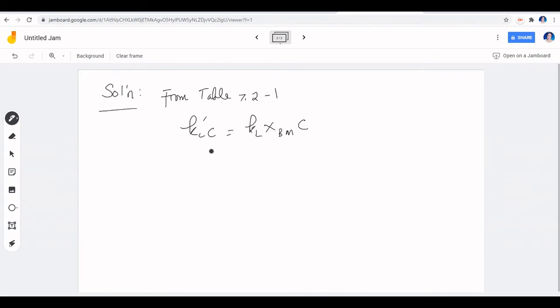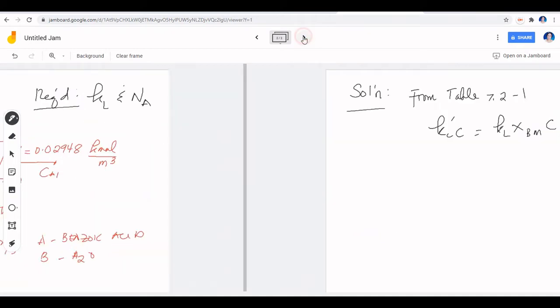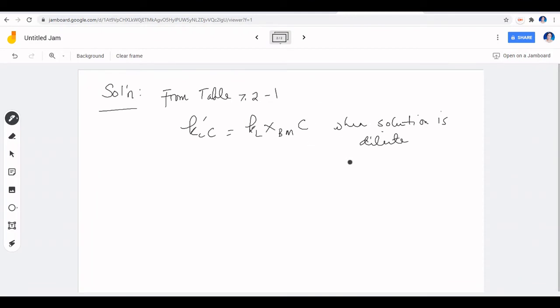Now, if the solution is dilute, in this case, we have a dilute solution because the concentration of our benzoic acid on the interface is just 0.02948, not even 1 kilomole per cubic meter, so it's dilute. So whenever you encounter such condition, your X sub Bm, this is the logarithmic mole fraction difference of our water from considering location 2 and 1.